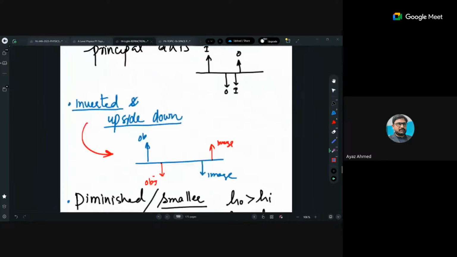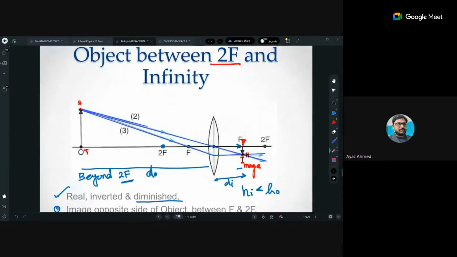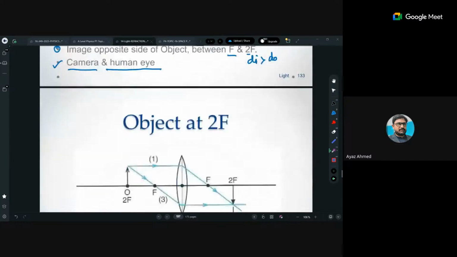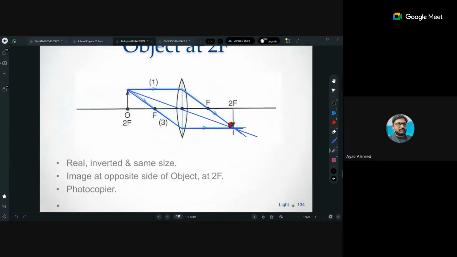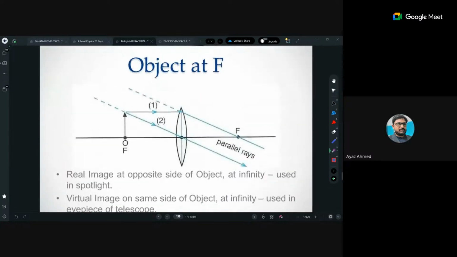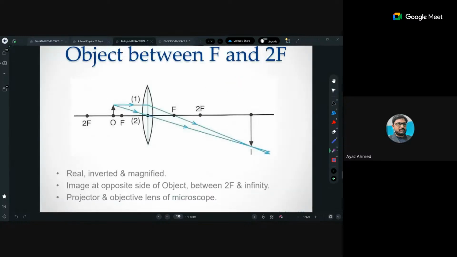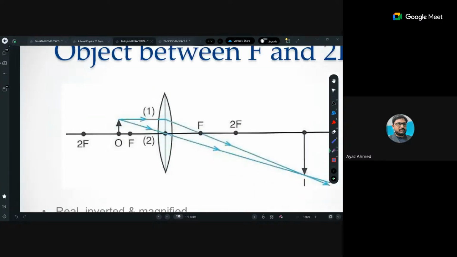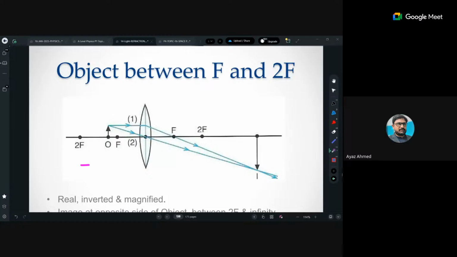That one is exactly at f, but we are still moving towards f, right? F and 2f. The image has not yet reached f. So when you place the object closer, did you see what is happening to the image?